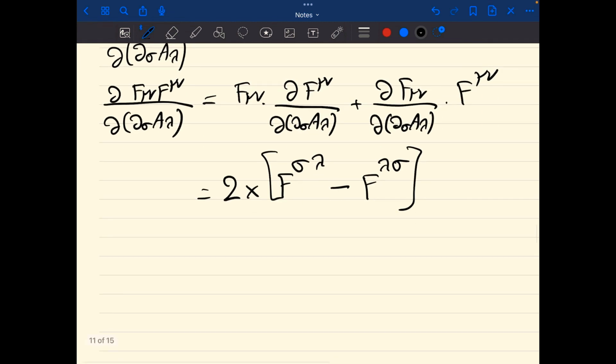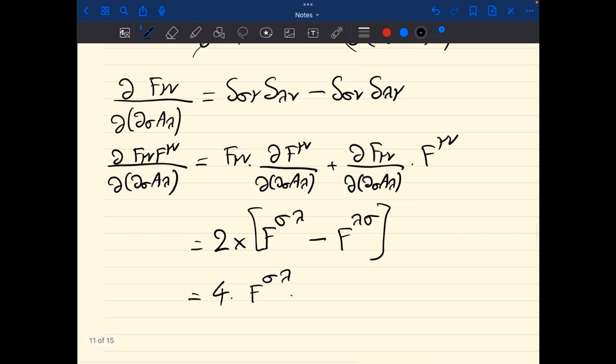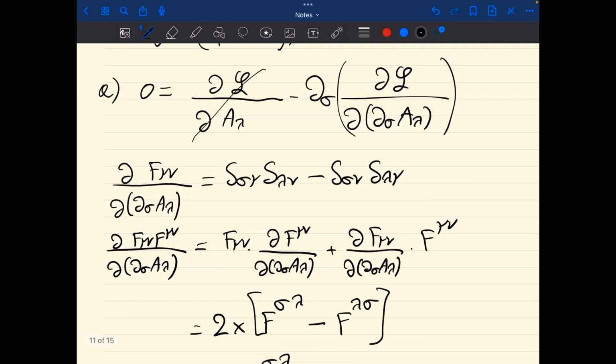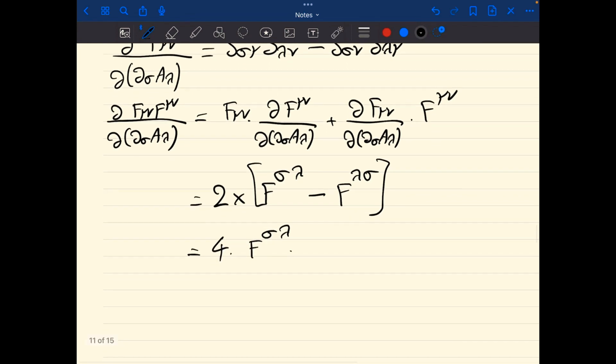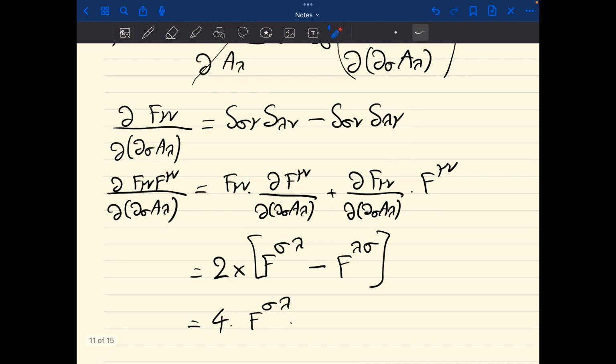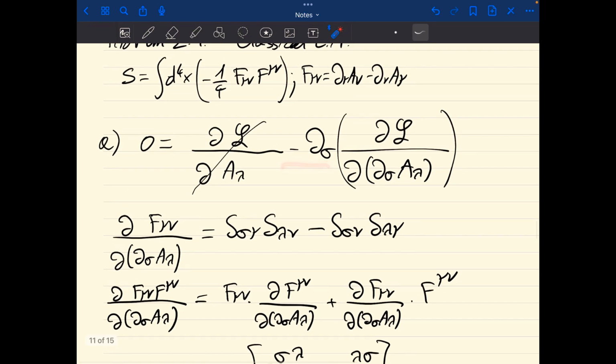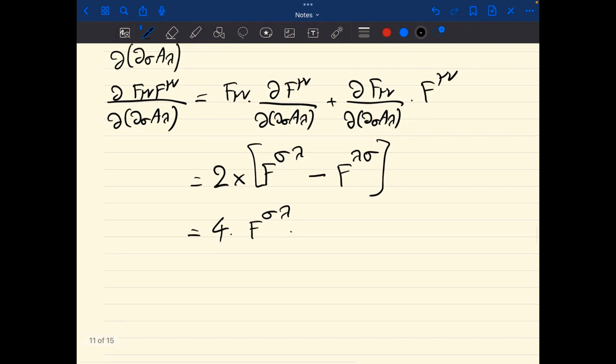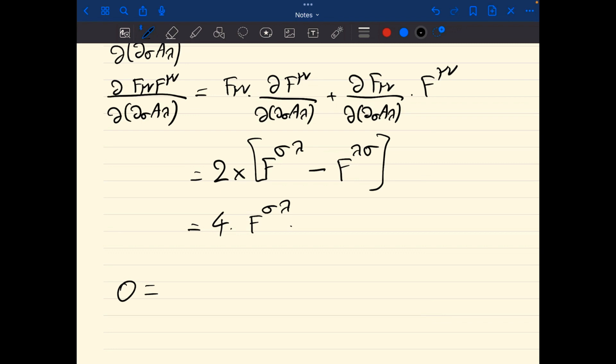Now F is an antisymmetric tensor, therefore this is equal to 4 times F sigma lambda. Okay, so that's our result. And now we just use the Euler-Lagrange equation in order to find the equation of motion. I get rid of this 4 factor and this minus sign, because this is all equal to 0. So we have simply 0 equal d sigma F sigma lambda.